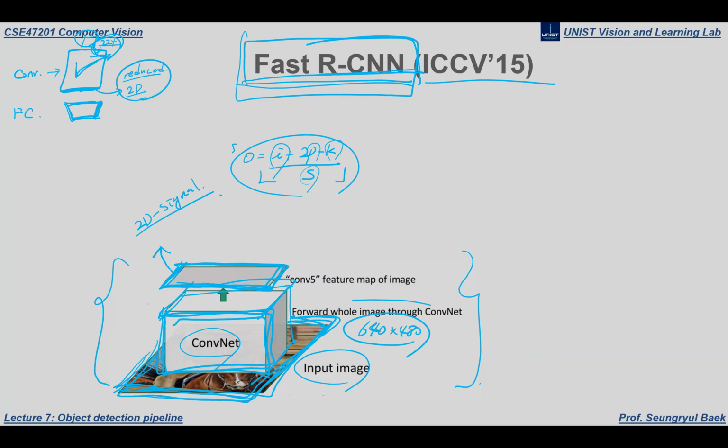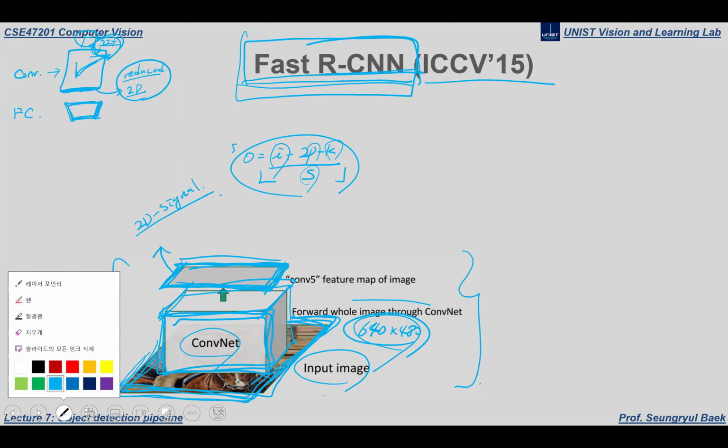Normally, because in object detection the input size is in a higher dimension, the 2D signals also have a higher dimension.